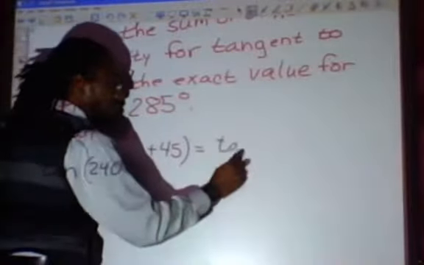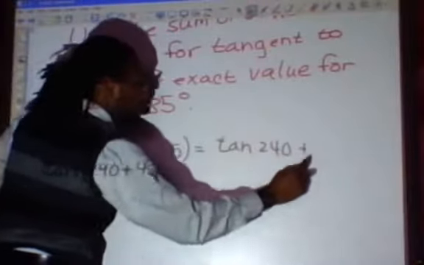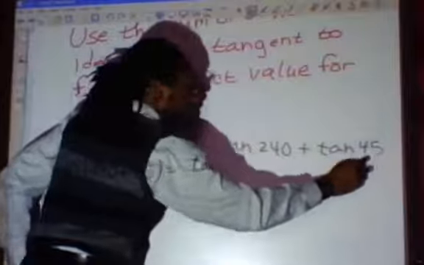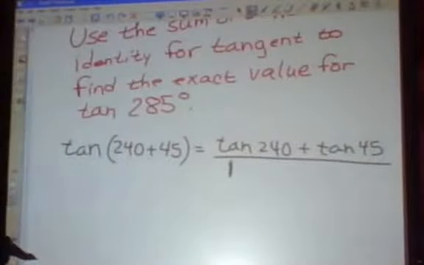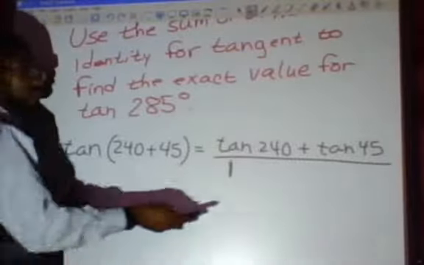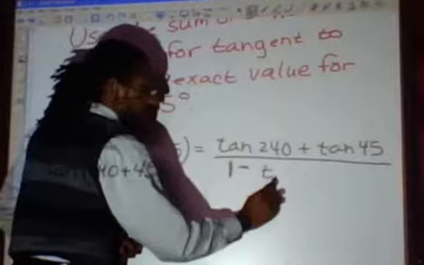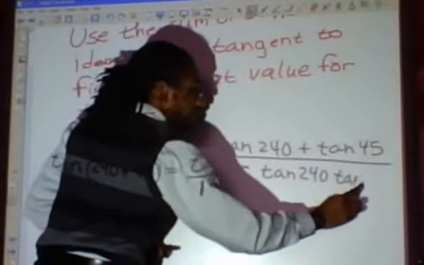Because we're going to deal with tan 240 plus tan 45 all over 1. And like we said before, if it's a plus on top, it's a minus on the bottom. Then we have tan 240 tan 45 degrees.